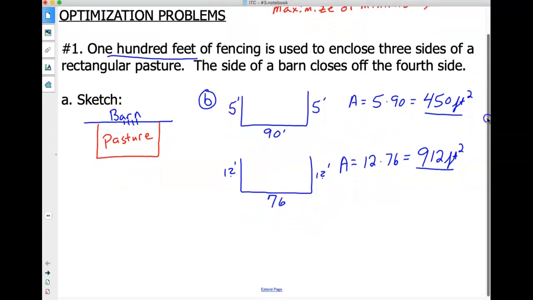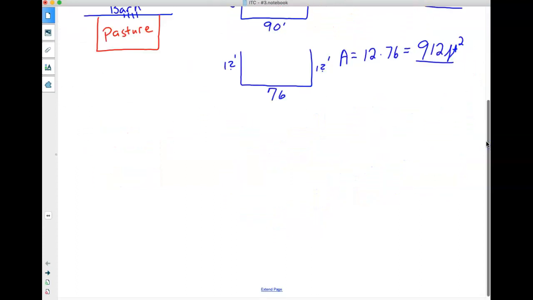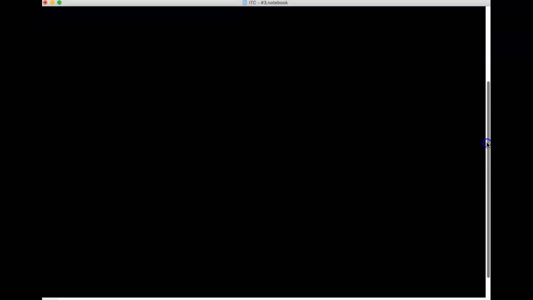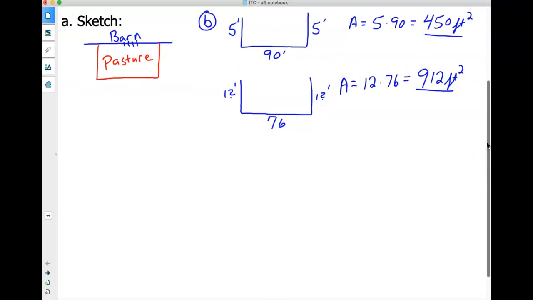So part C, here is the function building spot. If the width of the pasture is x feet, find an algebraic expression, A, in terms of x, for the area of the pasture. There's my pasture again.